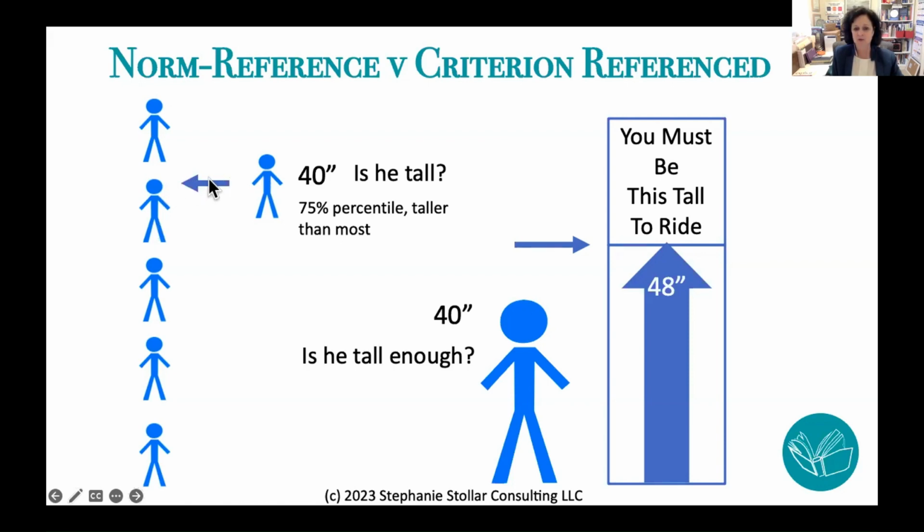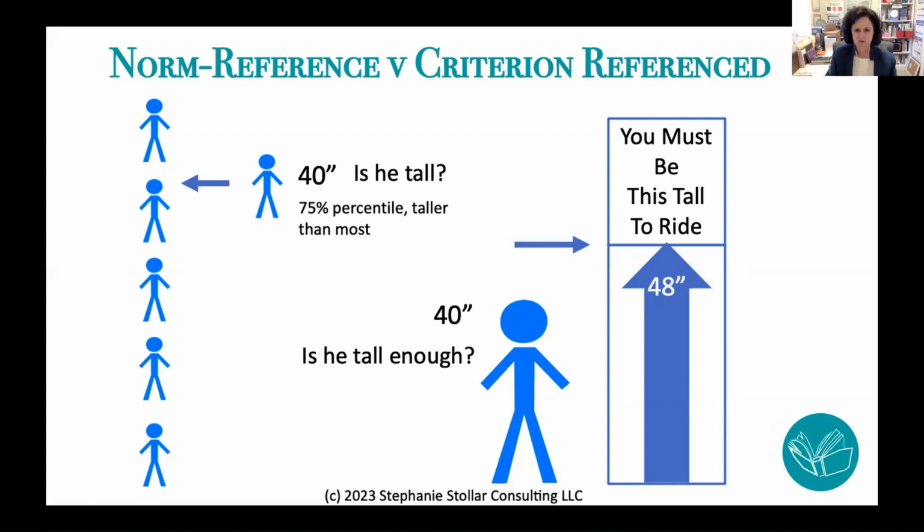He's taller than most. He's not tall enough. This is the analogy that I want you to think about when you're choosing a universal screening tool. Does it tell you not just how the student compares to other students in your system or around the world, but does the student have enough of this essential skill that they are predicted to be okay in the future?